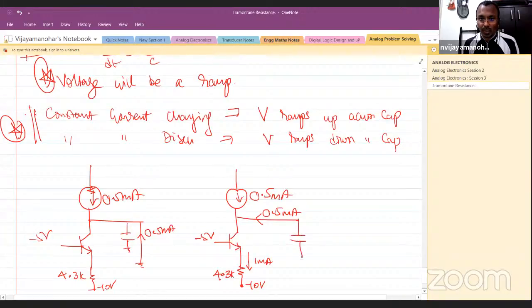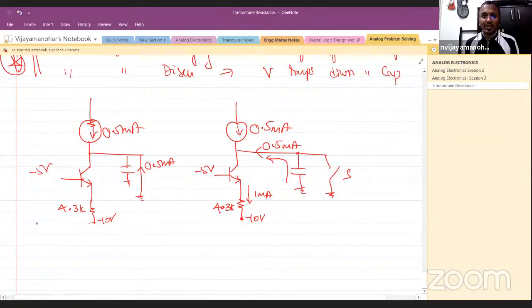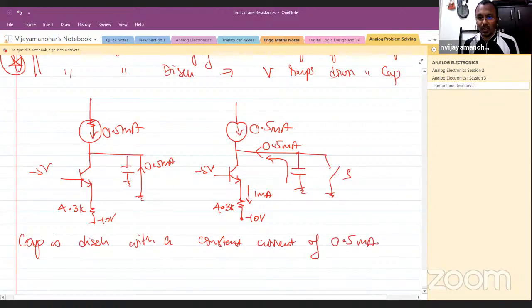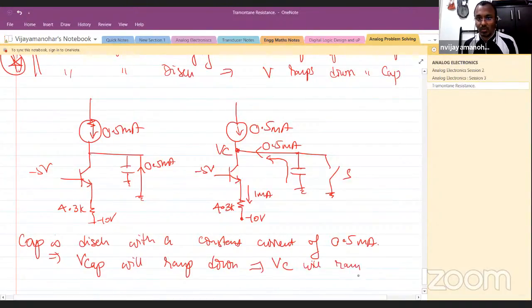But now the switch is opened, so the current will come through this. So the capacitor is discharged with a constant current of 0.5 milliampere, which implies V capacitor will ramp down, which means the voltage across the capacitor, the voltage at collector Vc, will ramp down.